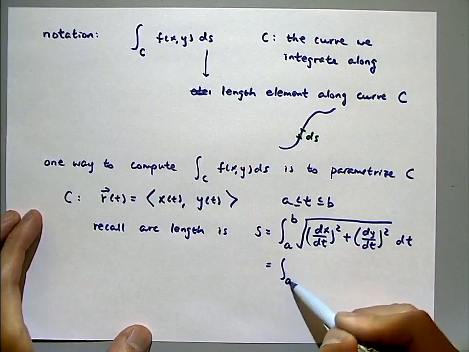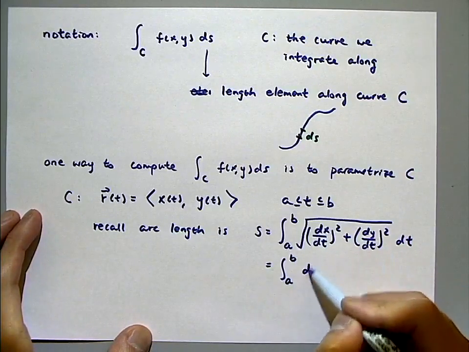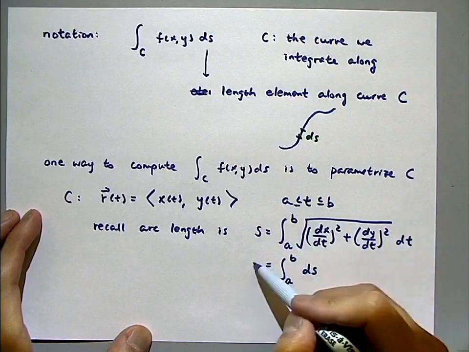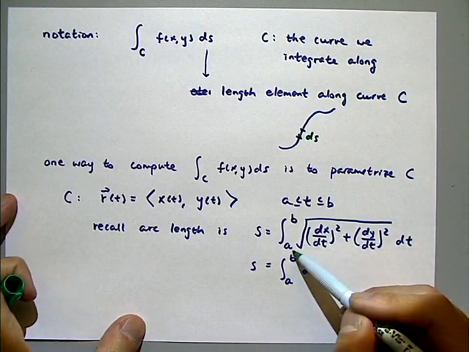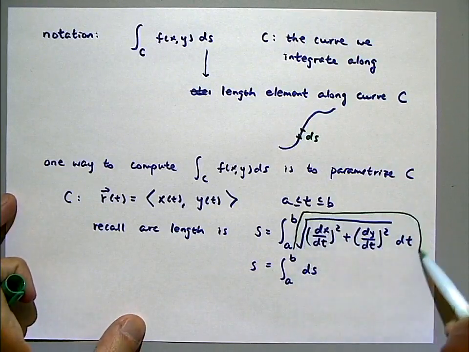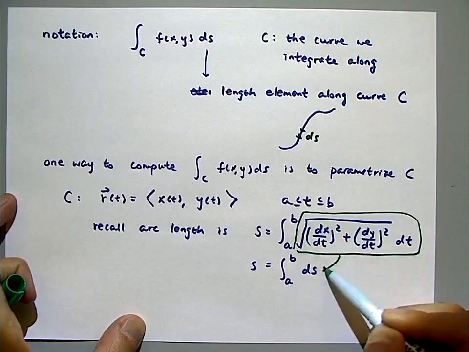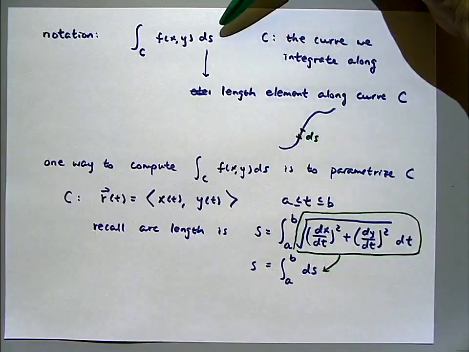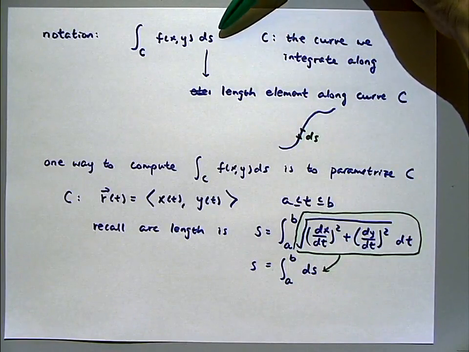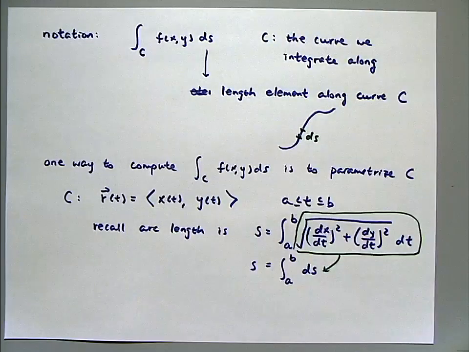And what that thing we integrated really was just ds. So to get the arc length, we integrate a bunch of tiny little elemental arc lengths, accumulated from a to b. So this stuff right here is our ds, which is the ds we're going to be using in the line integral.